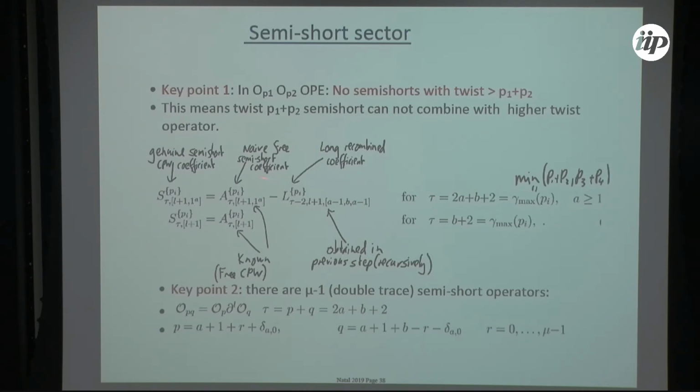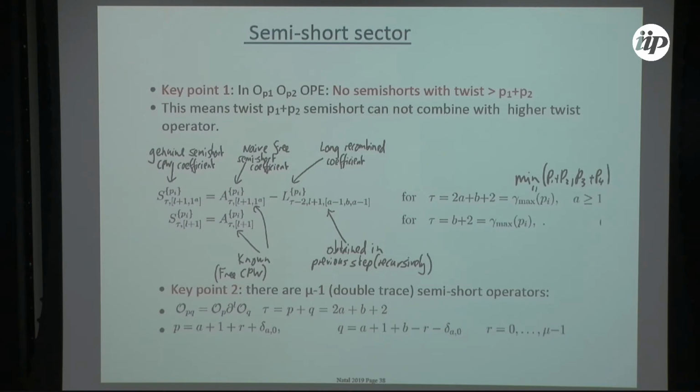So this is the long thing, which is eventually going to go to 0 when we go to strong coupling. Okay, so this algorithm I'm giving here is recursive. So the fact that this has twist tau minus 2 means we've already found this at a previous stage in this recursive algorithm.